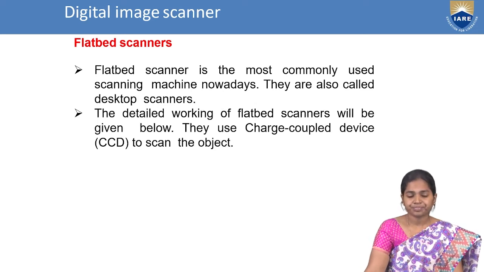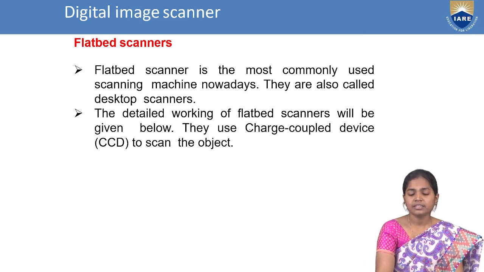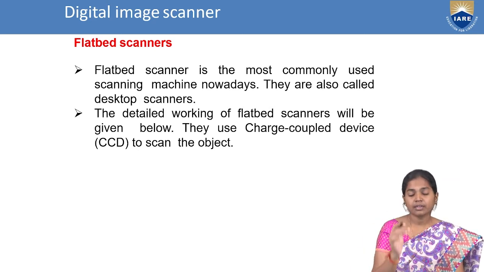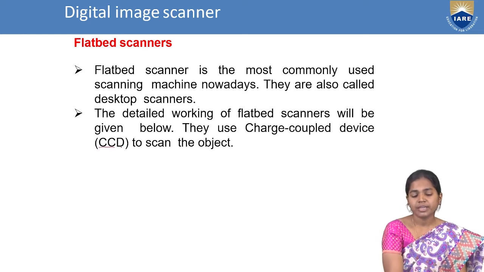Flatbed scanners are the most commonly used scanning machines nowadays, and there are also desktop scanners. In flatbed scanners, we use a charge coupled device. How to scan the image with a charge coupled device is the basic important term.